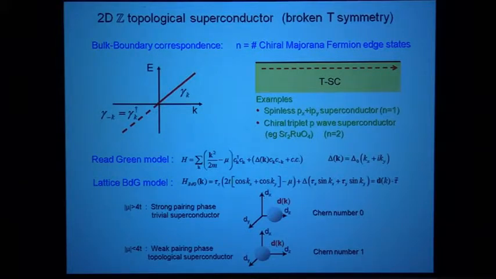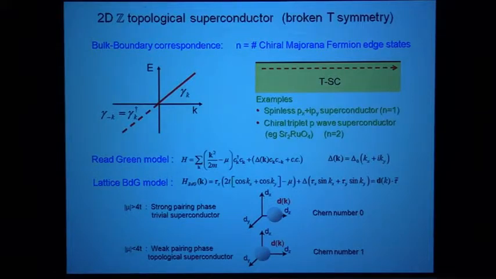So in fact, there's a simple model that you can write down for this, which is the Read-Green model. Again, it's just like the Kitaev model that I wrote down, where I have just a parabolic band with a chemical potential, okay?